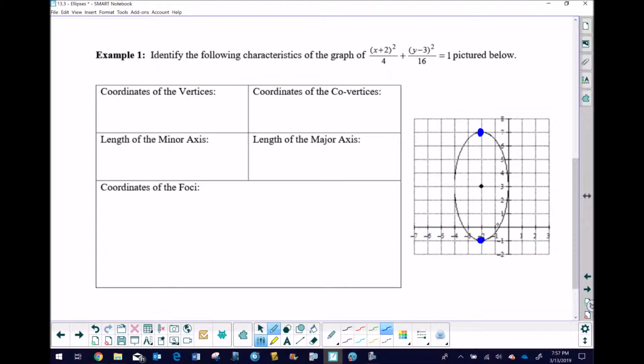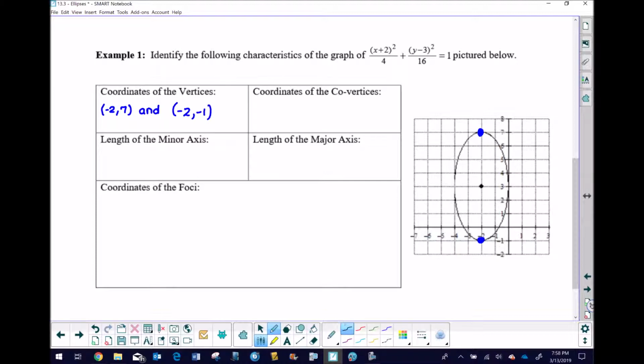Now, of course, we can just look at the graph and say, oh, this ellipse has a point up here at -2, 7. So we could write him down. And it has a point down there at the bottom, as you can probably see, of -2, -1.